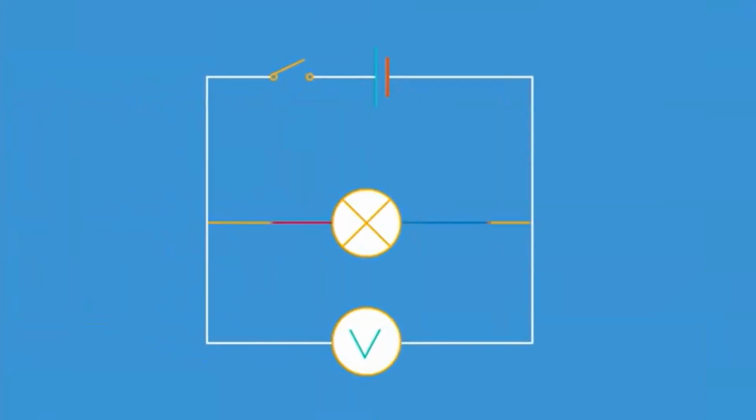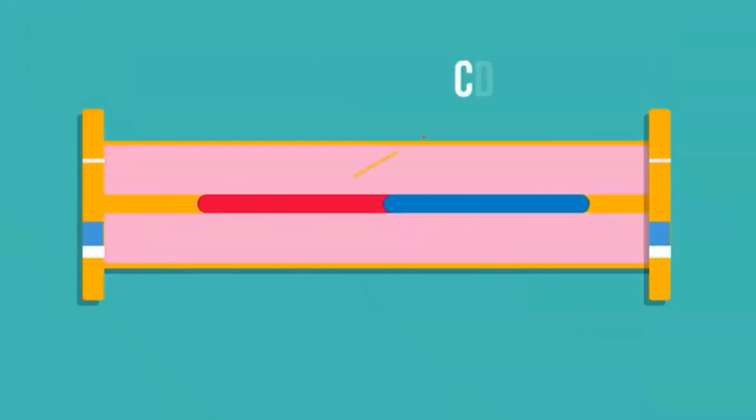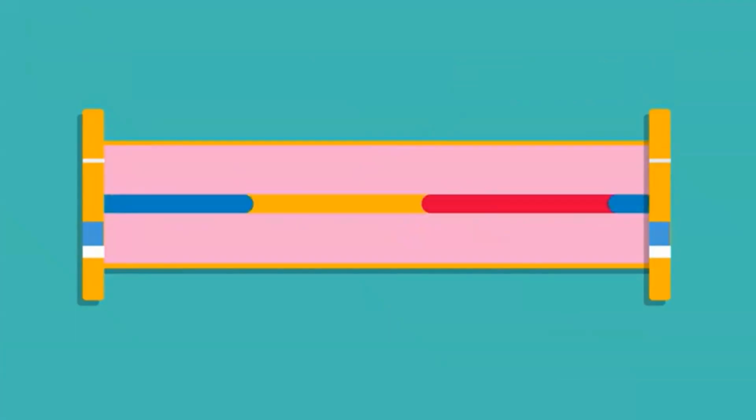We can also measure a current flowing through a circuit. We can imagine a current being like flowing water in a pipe. But instead of water, it's a flow of charge, measured in coulombs. So, as we notice from what he's just said, the charges are measured in coulombs. Current is the rate of the flow of charge.